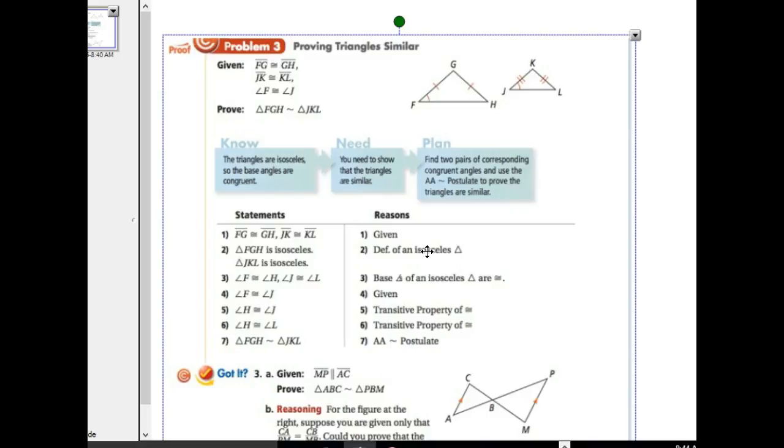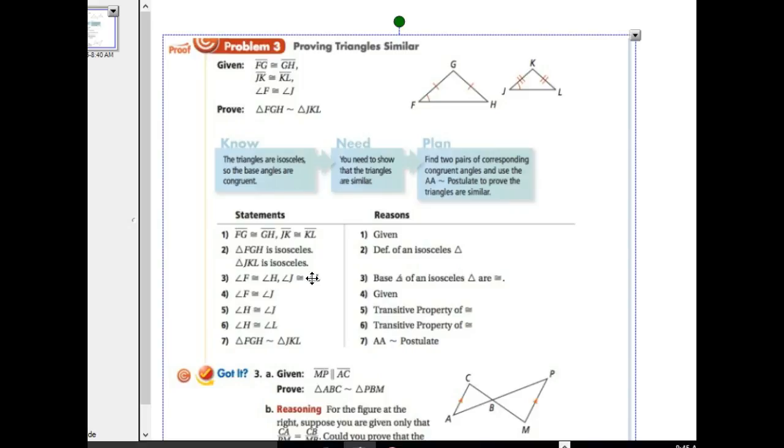Then, of course, we go to angle F is congruent to angle H, which are these two up here, in the same way that J is congruent to L, which are these two up here, because, again, based on the definition of isosceles triangle, we also know that the base angles of an isosceles triangle are always going to be congruent. So that's what allowed us to make this statement right here.